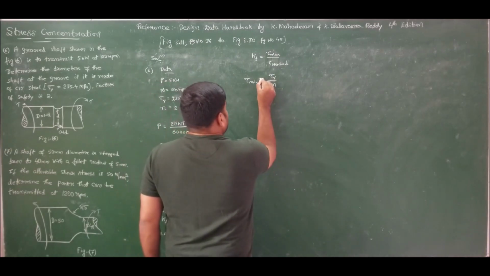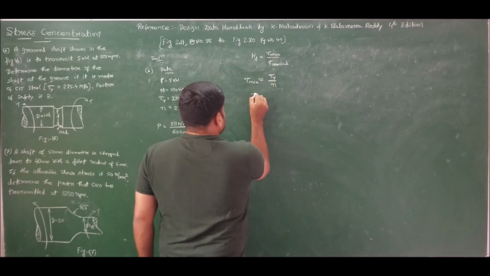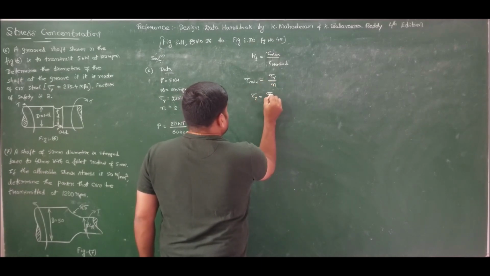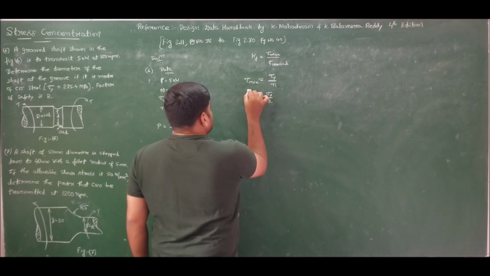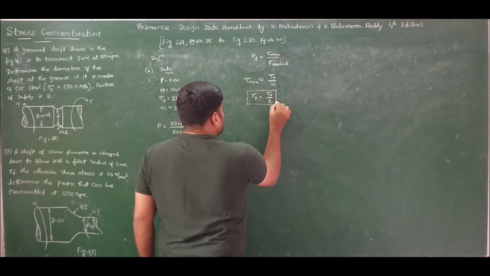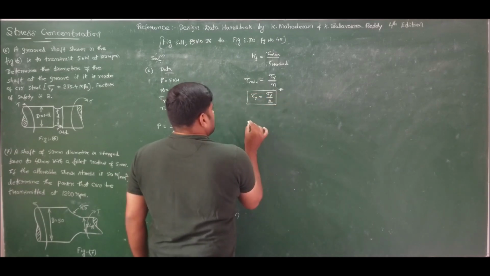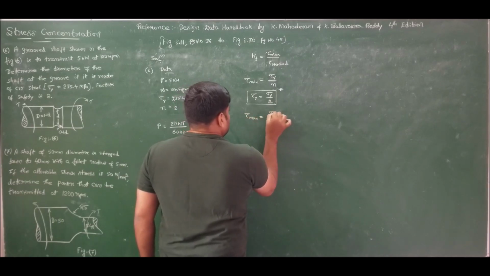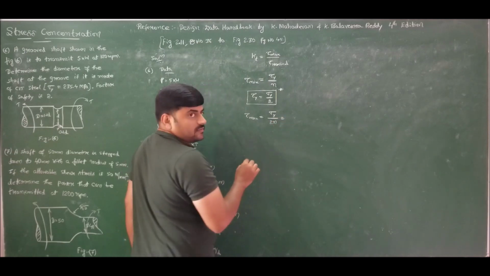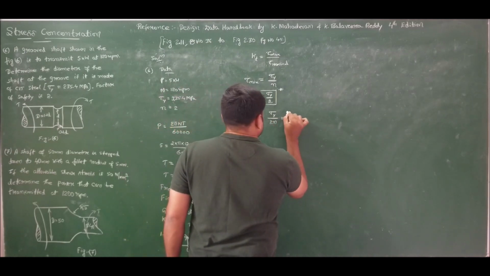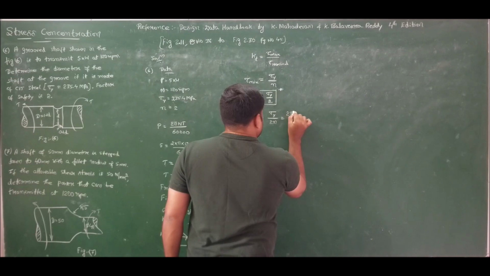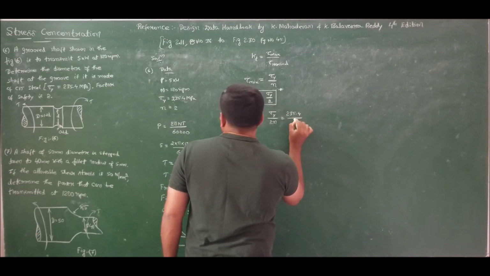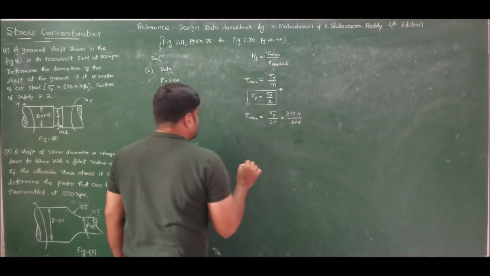Now tau yield is unknown for us. Tau yield is equal to sigma yield by 2. This one should be known, which is very important. Therefore tau max will become sigma yield by 2n, 2 times the factor of safety. Sigma yield is 235.4 divided by 2 into factor of safety 2.